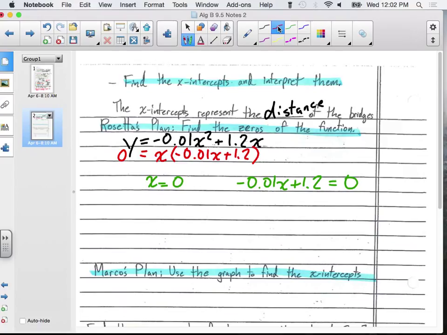So we set both of our factors equal to 0. The first one, x equals 0. Do we have to do anything with that one? Nope, we can just say that x equals 0 for this one.